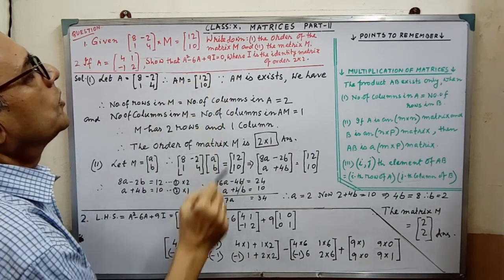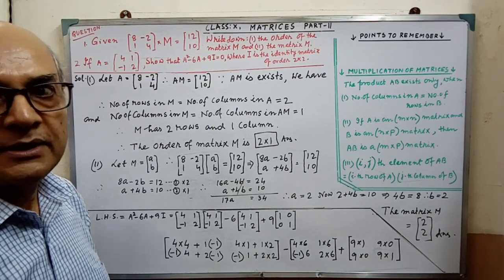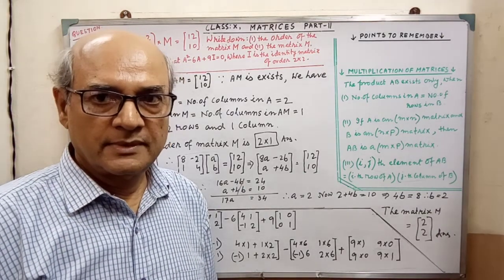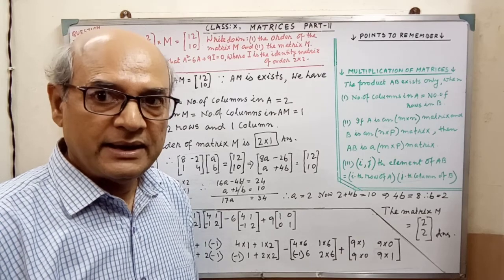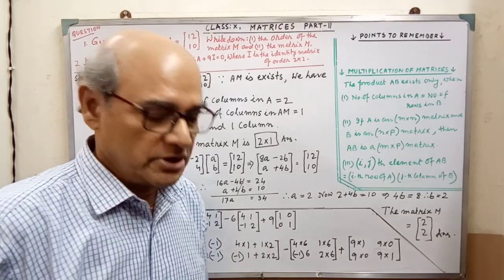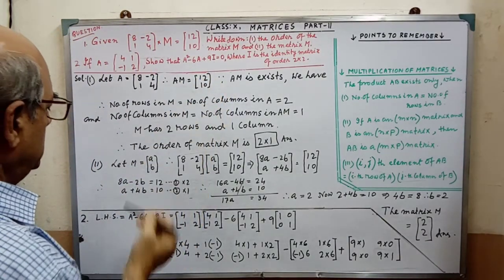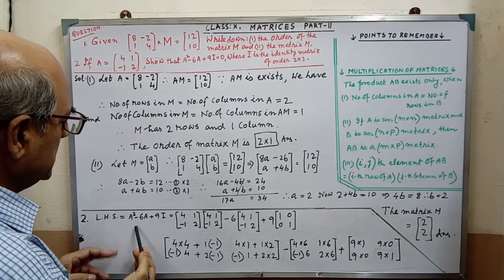Okay. Next sum, that is, if A equals this, prove that A square minus 6A plus 9I equals 0, where I is the identity matrix of order 2 by 2. This is the sum. Here you have to notice attentively the multiplication. Okay. See, we have to prove it. This is LHS equals this.